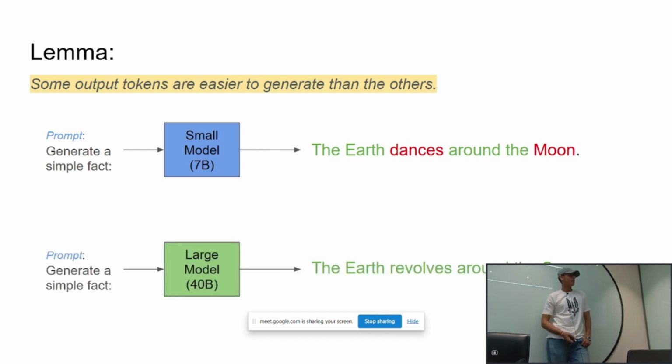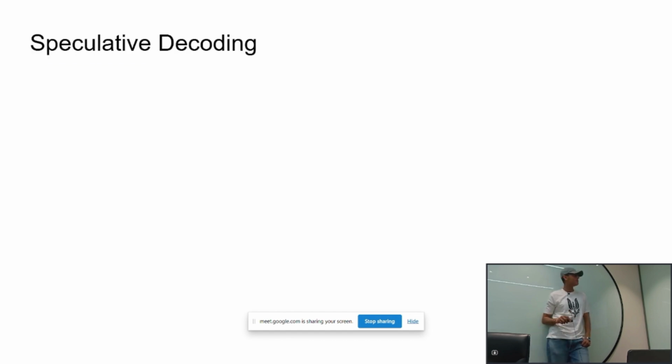If I give it to a larger model, let's say 40 billion parameters in size, it will predict the earth revolves around the sun. Now this is an entirely true statement. If we look at the intersecting tokens, you will see that even the small model is able to predict 4 out of the 6 tokens correctly. We will be using this fact to design the speculative decoding algorithm.